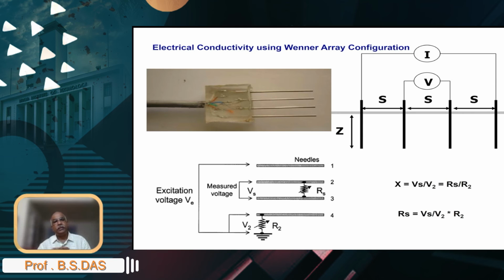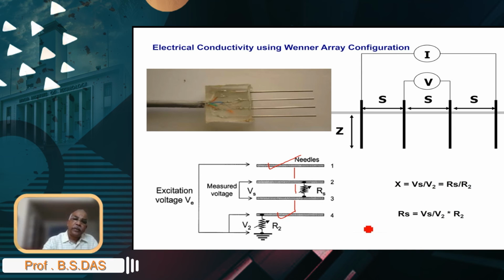An excitation voltage is applied across the outer two electrodes, and the soil between these probes acts as a sort of pseudo resistor. As this excitation voltage is applied across the two outer electrodes, a voltage develops between the two inner electrodes, number 2 and 3.